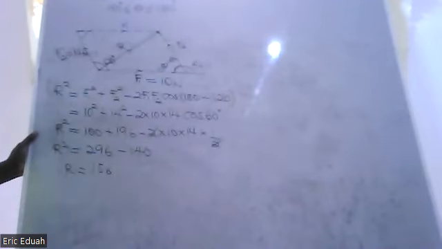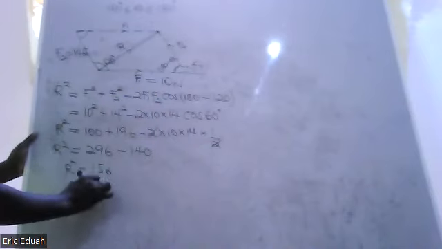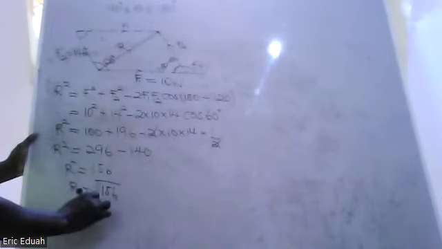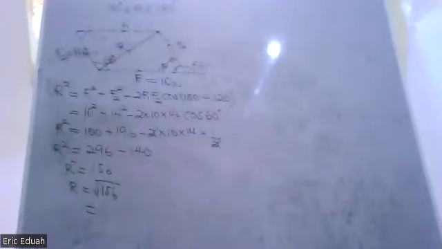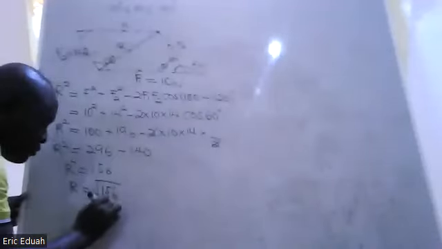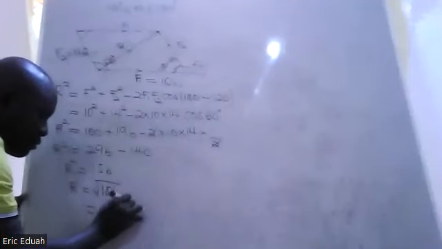Therefore, R will be equal to, subtract 140 from 296, 156. R therefore is equal to the square root of 156, which is 12.49 Newton. This is the resultant.